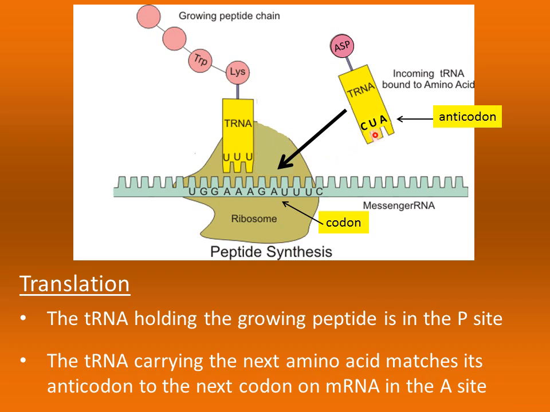And notice the anticodon on the transfer RNA, CUA, corresponds with GAU, the codon of messenger RNA. And that's how we get the specificity to make sure that each amino acid is placed in its correct place.